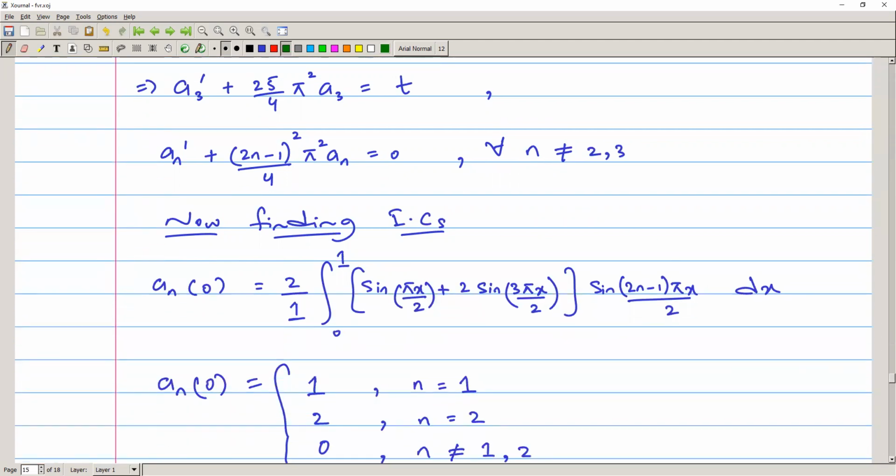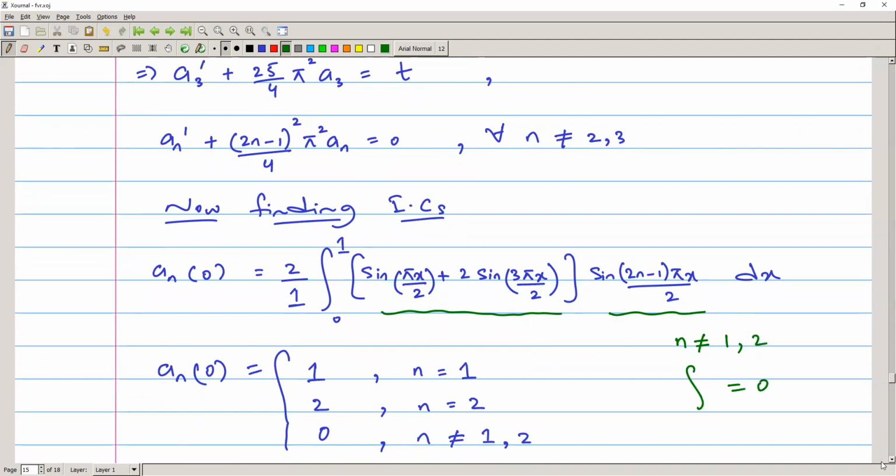Now finding the initial conditions. So an of 0 is equal to 2 over 1 times the integral of the initial condition times the eigenfunction. And again, here we are going to use a similar idea. If n is not equal to 1 and 2, the integral will be 0.